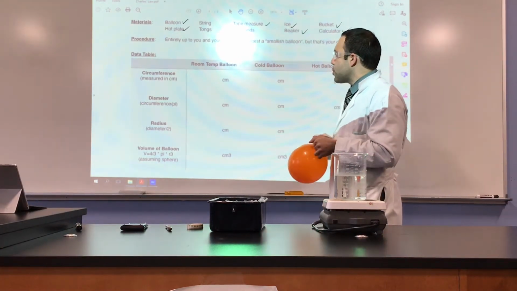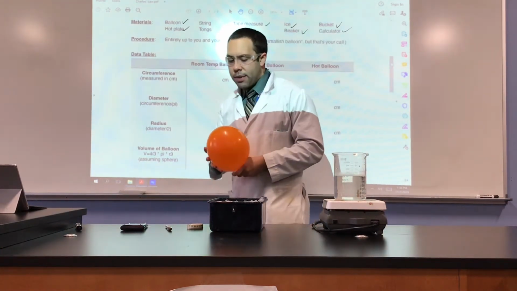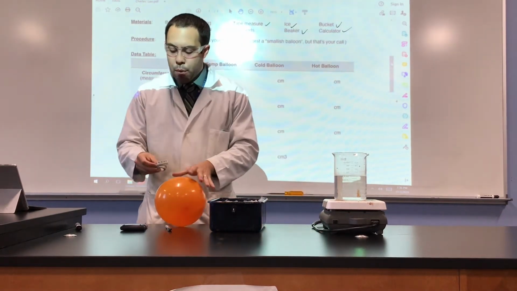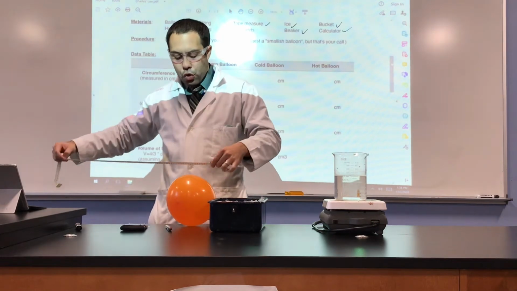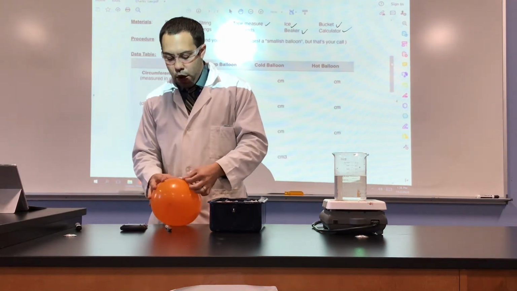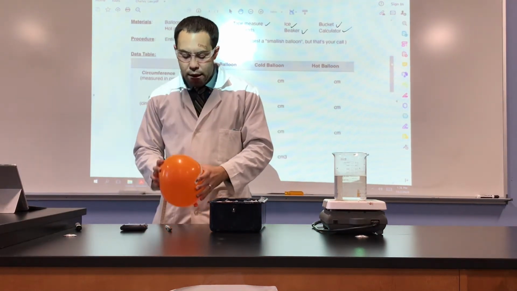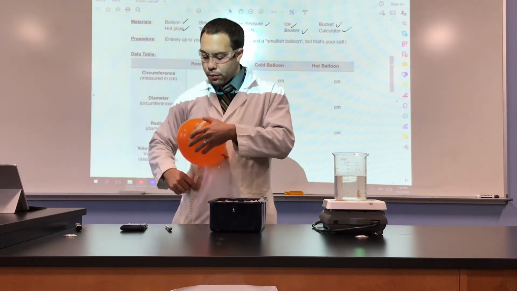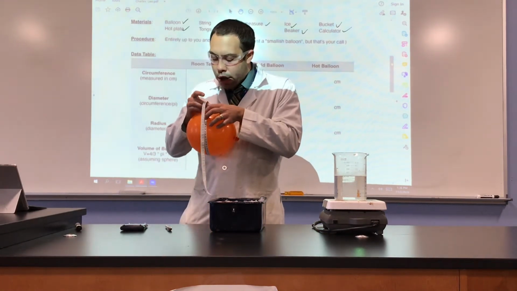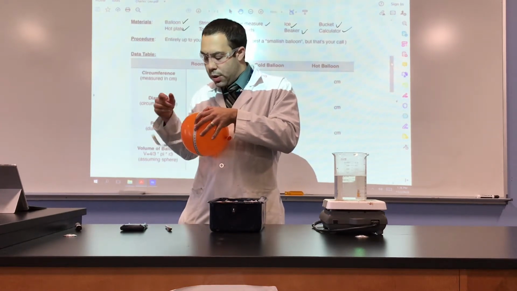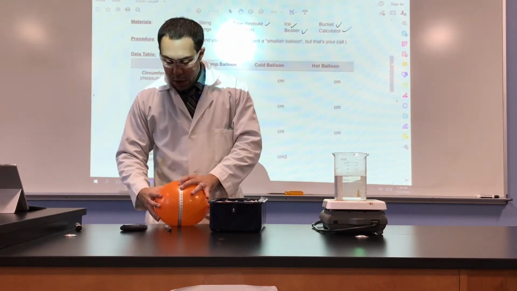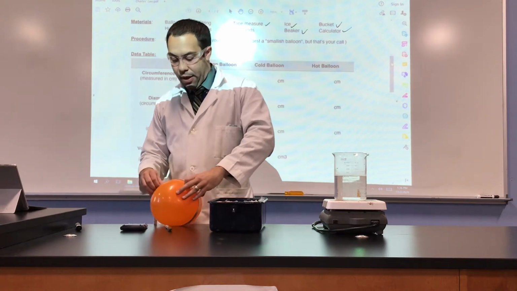So now we have to measure the circumference of the room temperature balloon, and we will do that in centimeters. One good trick, once we wrap the measuring tape around the balloon, is to mark the path that we took. As we do this lab, we're always going to take the same path.